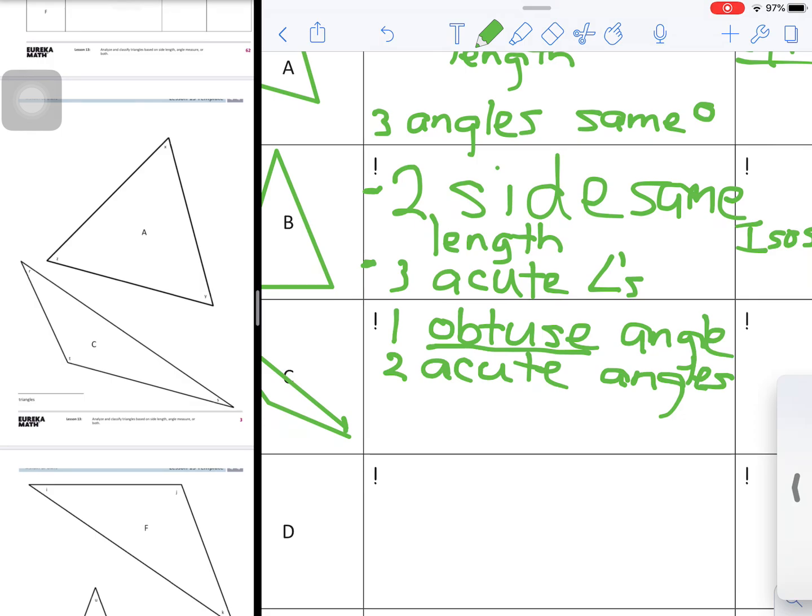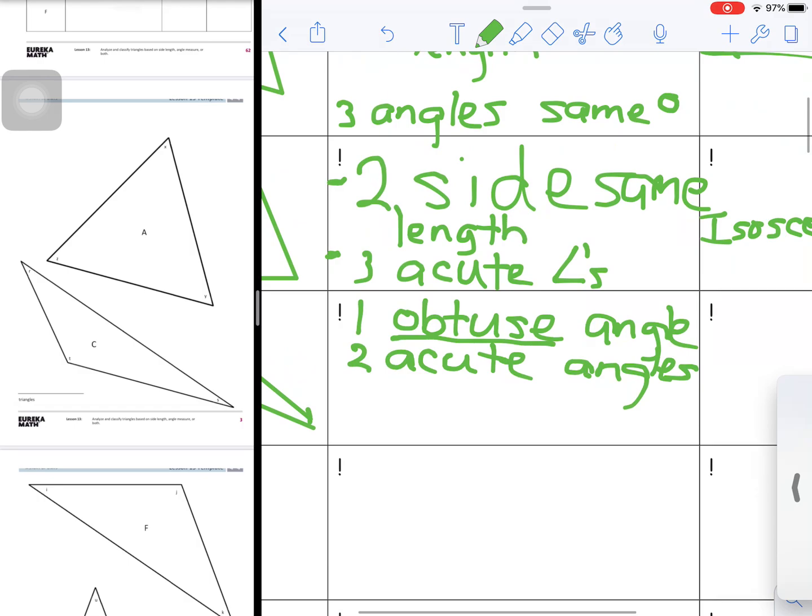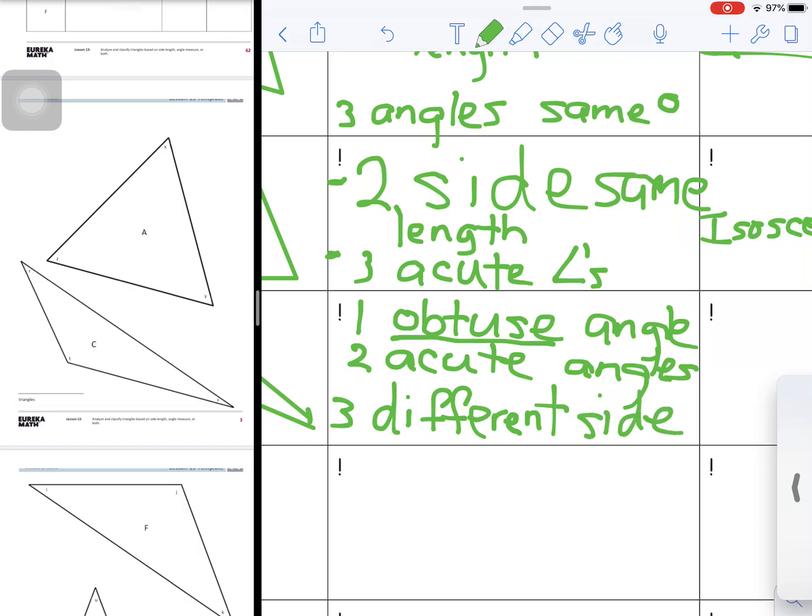Okay? Now, if we had a ruler and we were to measure these sides, we would see that all 3 of the sides are different lengths. So it has 3 different, be sure you're filling this out, different side lengths. Okay? We have another big name for that.